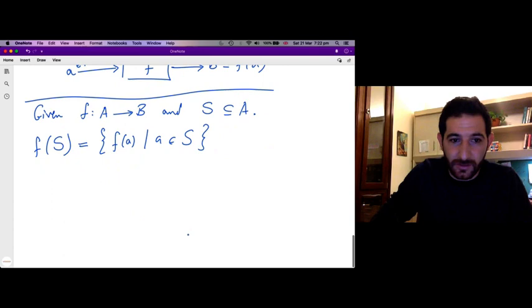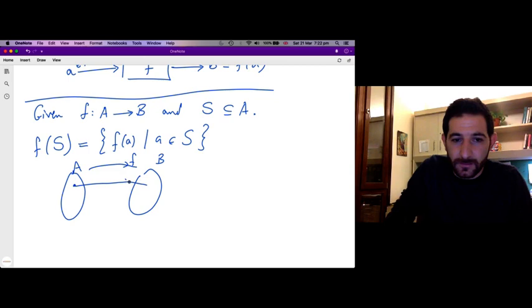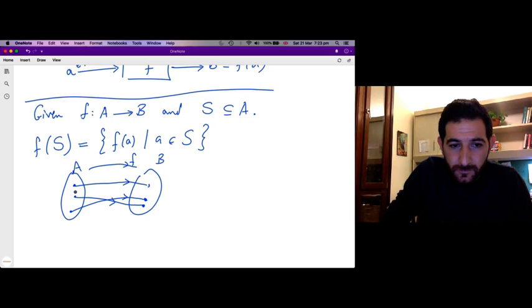So the picture here is, this is A, this is B, and we are given a function, say f.